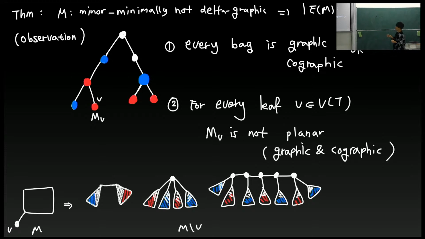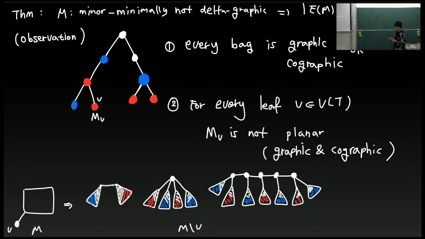And the second observation says that for every leaf vertex, the corresponding matroid cannot be a planar matroid. Suppose that we can find a leaf vertex V which corresponds to a graphic and cographic matroid. Then when we delete V, since M is minor-minimally not delta-graphic, M delete V is delta-graphic.